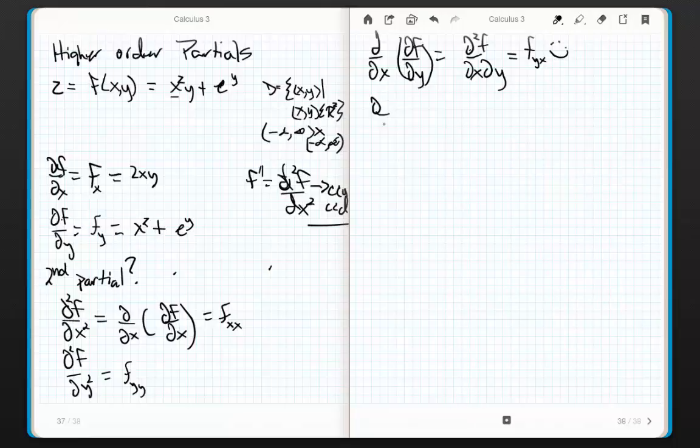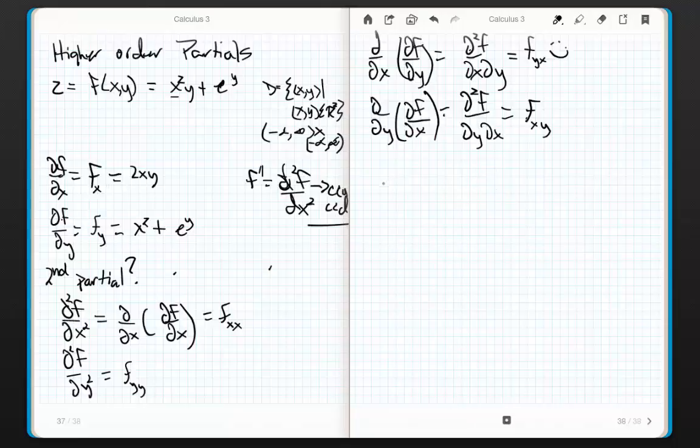Likewise, I could take the partial with respect to y of the existing partial with respect to x, and this would turn into partial squared f over delta y, delta x. However, you can use this notation all you want because I find it far more helpful. I do my little script f, and then I took the first partial with respect to x, and the next partial I'm going to take with respect to y. So let's do those really quickly.